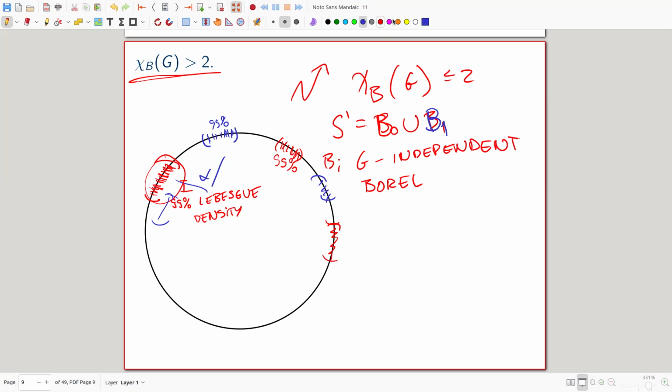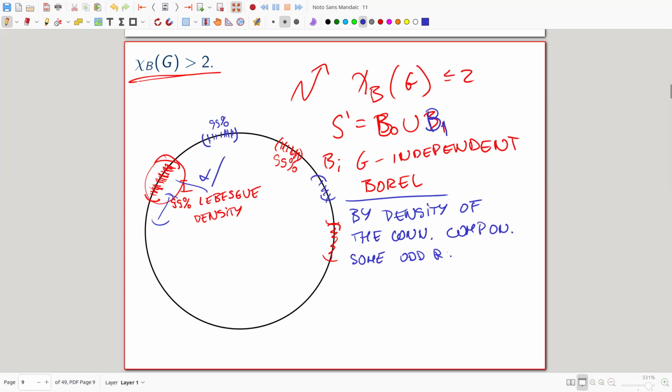So again, by the density argument of the connected components, and I use it for 2 alpha, some odd rotated copy intersects I in at least half of the size.